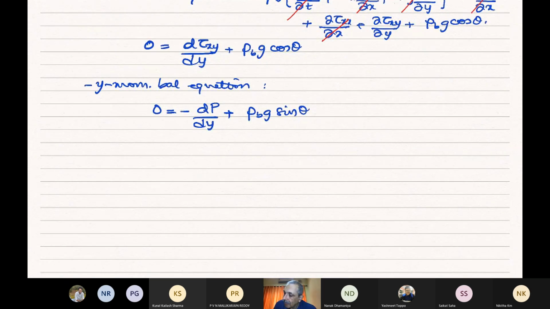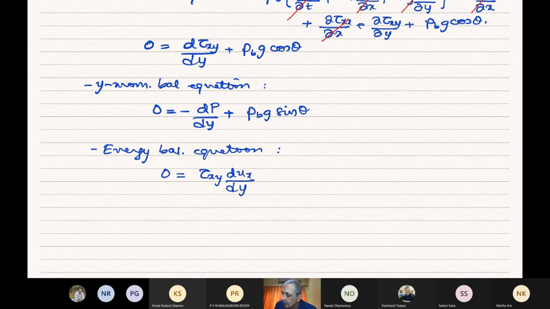And then the final thing that you have is the energy balance equation. And here, instead of writing the full thing, I just write down the terms that are non-zero.